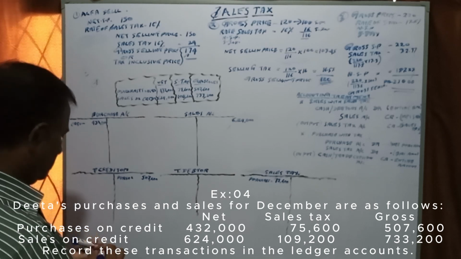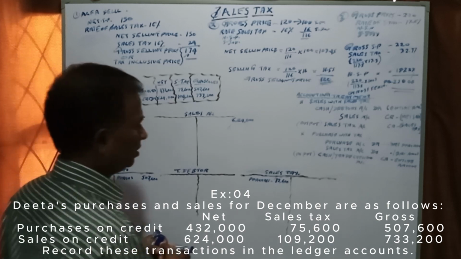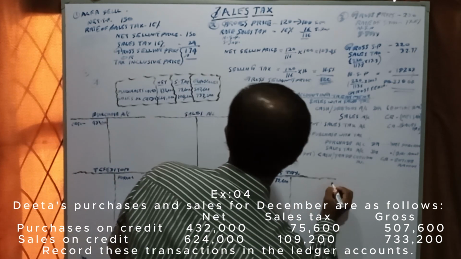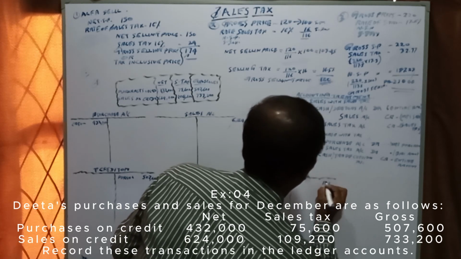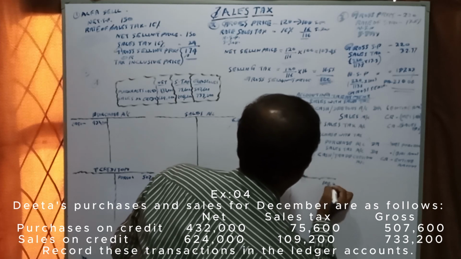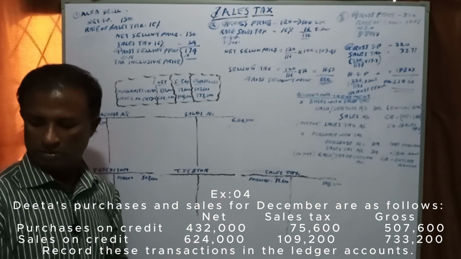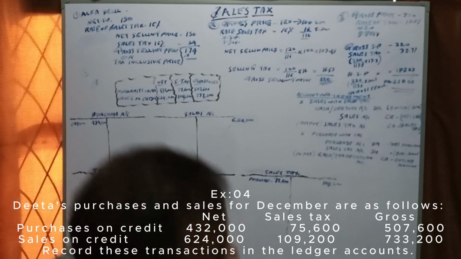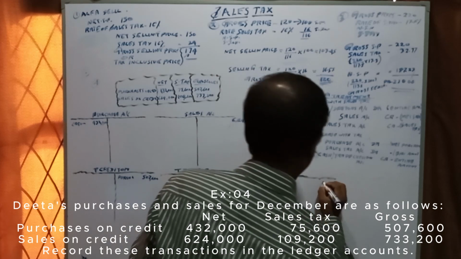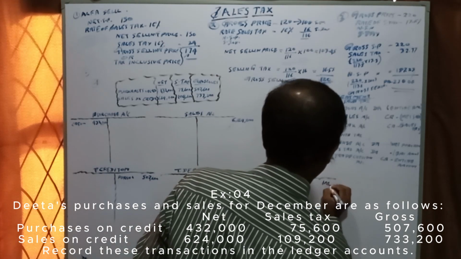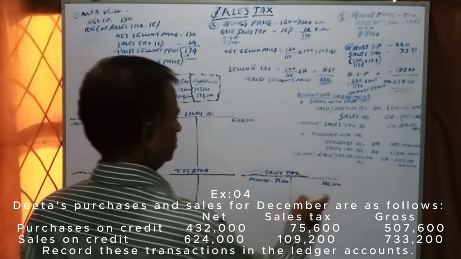Right? Whereas sales tax is 104,200. Sales tax is credited, 104,200.